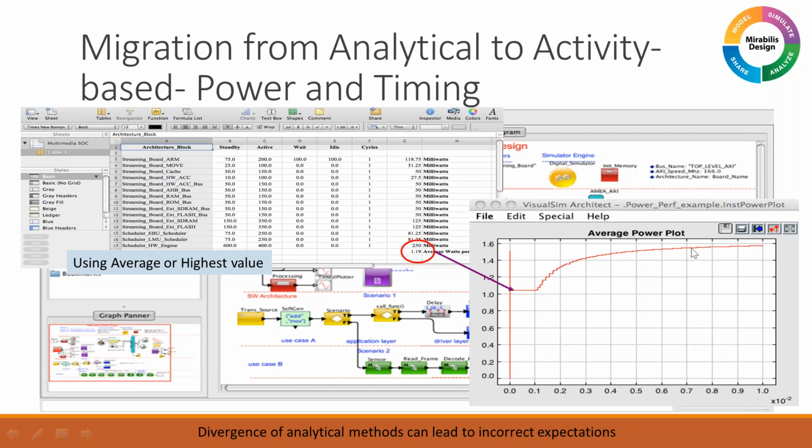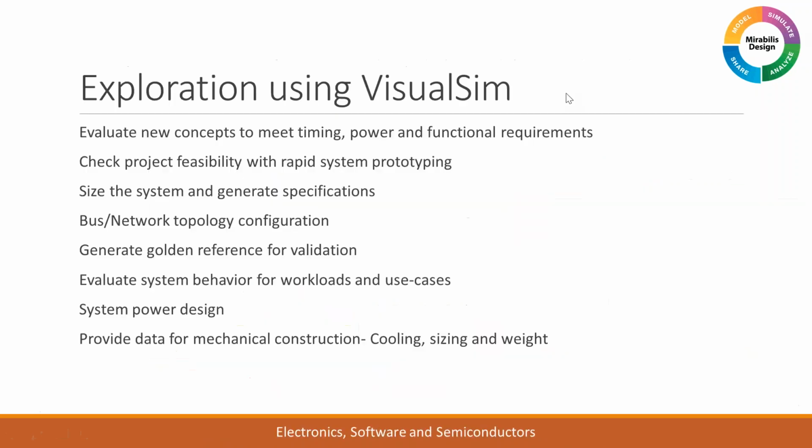This is where activity-based power and timing analysis comes into play. When you start getting a more accurate representation before you do your development, it's much easier and much faster to do hardware-software partitioning.